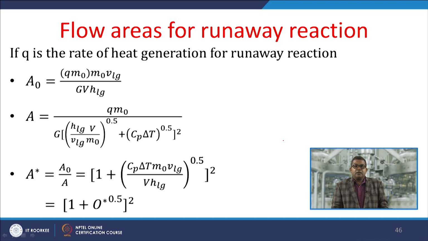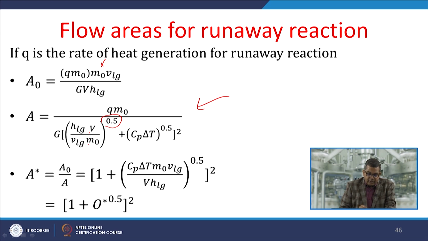Now, let us take the flow area of runaway reaction. Now, if Q is the rate of heat generation for runaway reaction, then A naught is equal to Qm naught VLG upon G VHLG. So, A is equal to Qm naught upon G into HLG into V, VLG m naught to the power 0.5 plus Cp delta T to the power 0.5.